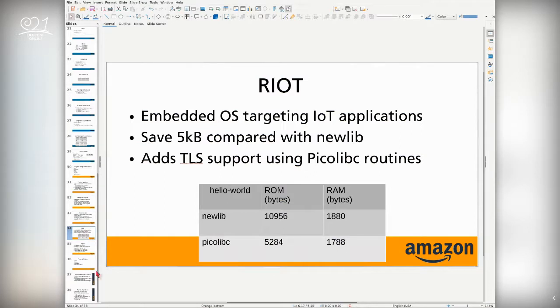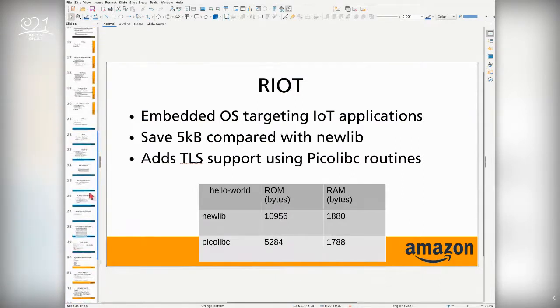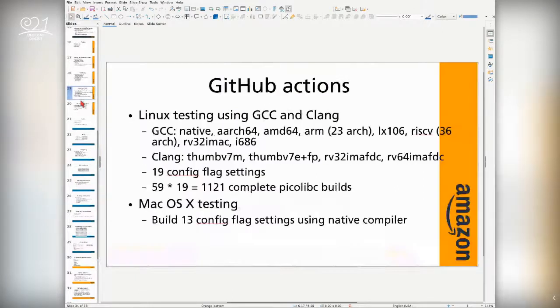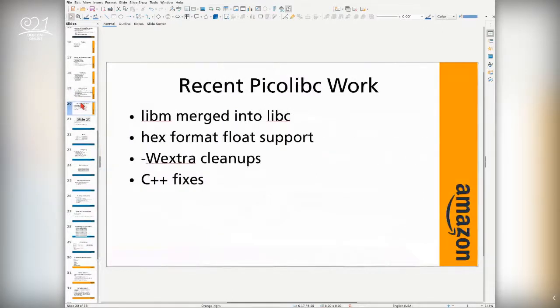Let's see, I have some recent changes in Picolibc. There we go. Recent Picolibc work. Things I've done in the last couple of months. I finally just merged the math library into the C library. I wanted to use the math library from some C library functions, so I just smashed them together. It's a little more convenient for application developers now.